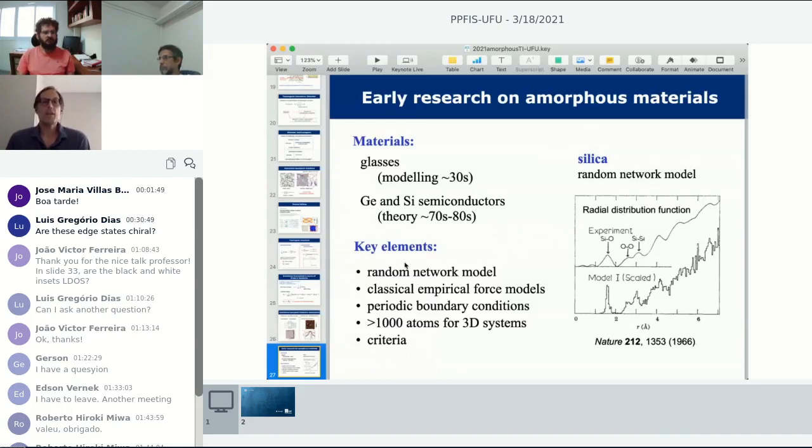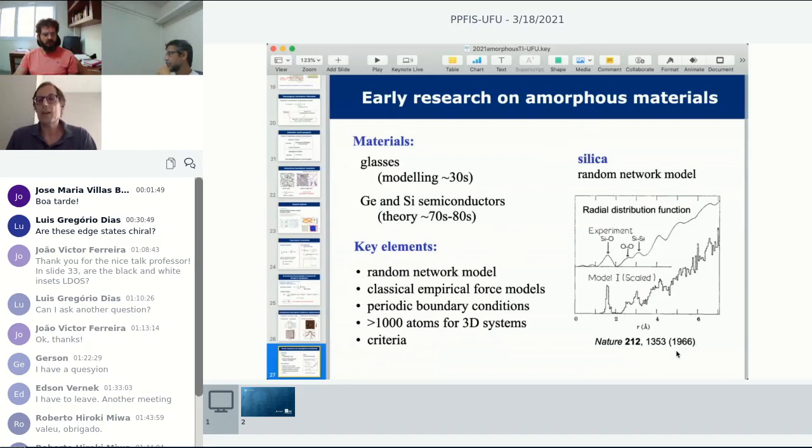Basically, the key element there is a very standard model, the random network model. People did molecular dynamics with classical empirical forces to find the structures. Back then they would do 1,000 atoms in 3D systems in the 70s and 80s, a very poor simulation, looking at the radial distribution function: you take one atom and see where the next neighbor is.